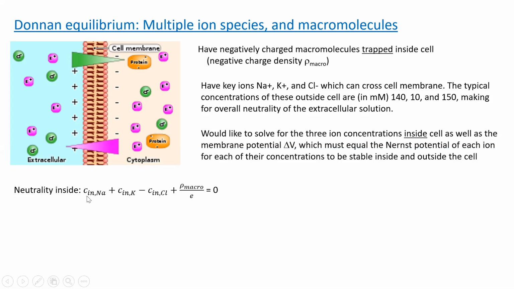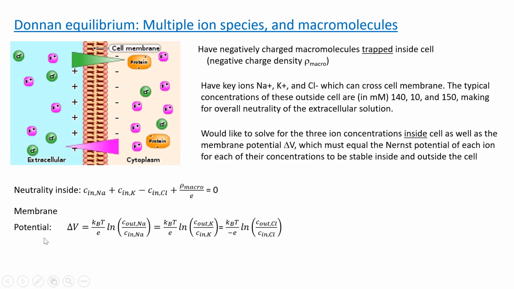So the equations we set up are neutrality of the solution inside, which would be the concentration inside of sodium plus that of potassium, minus the concentration of chlorine, since that's a negative ion. So this is a charge equation, plus the charge density of the macromolecules, which we're taking here just to be proteins, divided by the elementary charge to put it in terms of molecules per unit volume.